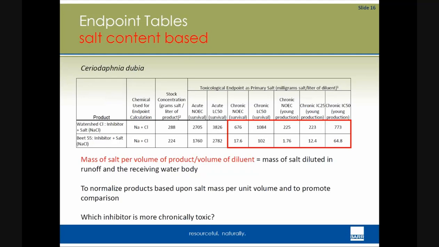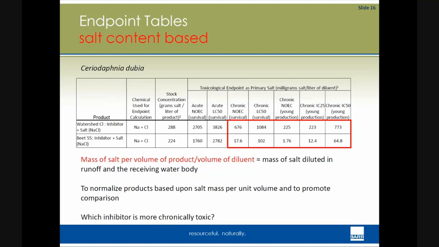But it's somewhat so the B55 and the Watershed CI have somewhat similar salt content. However, the B55 is less than the Watershed CI. But if you notice, the B55 NOAC is much smaller, meaning it's more toxic for the chronic condition.